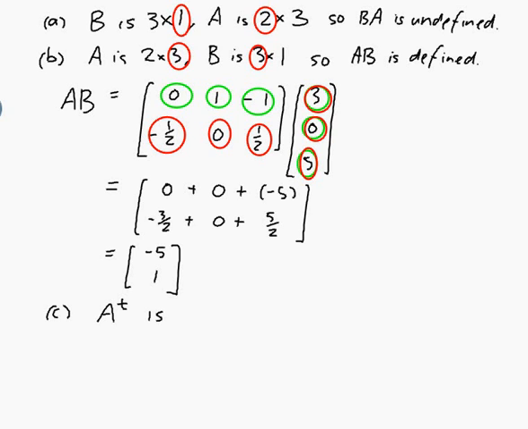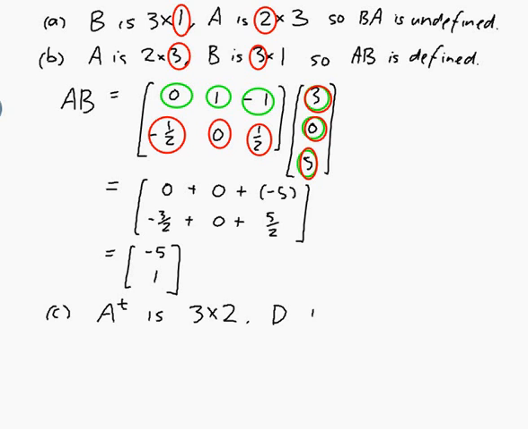Well, A transpose is the same as A, only instead of having everything as rows, it has everything as columns. So the first row of A becomes the first column of A transpose, and the second row of A becomes the second column of A transpose, and vice versa. And so if A is 2 by 3, it's got 2 rows and 3 columns. A transpose must be the other way around. It must be 3 by 2.